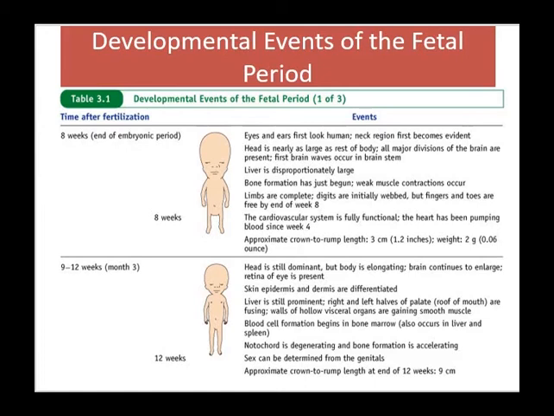The cardiovascular system is fully functional, and the heart has been pumping blood, as we mentioned, since the 4th week of development. The approximate crown rump length is around 3 cm, and the weight around 2 grams.